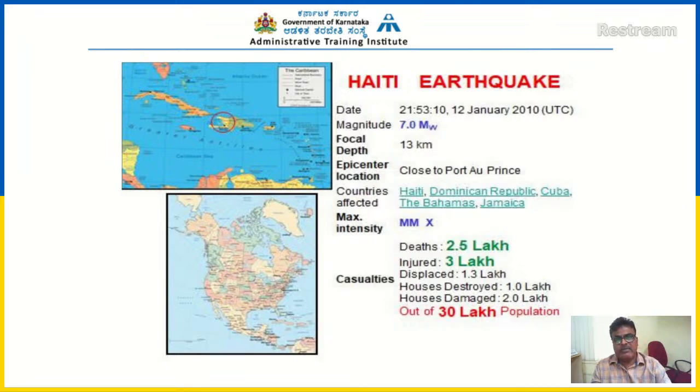So you can see the kind of losses. If you compare the losses between the two incidents, both are earthquakes, but in Bhuj deaths were only about 20,000, whereas here deaths were 2.5 lakhs. Even though it is less in magnitude, deaths were 2.5 lakhs. How many were injured? Almost 3 lakhs. The injured means severely injured people.